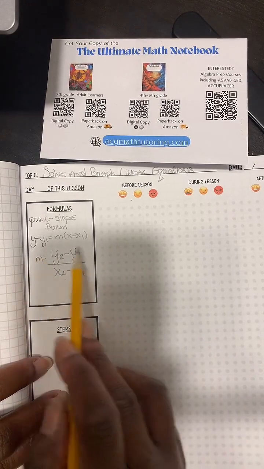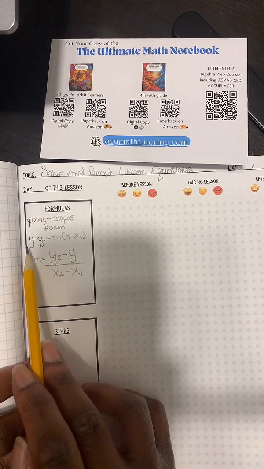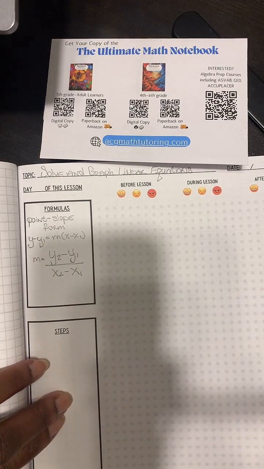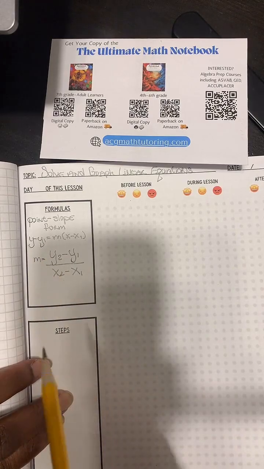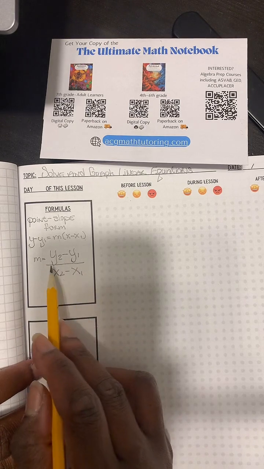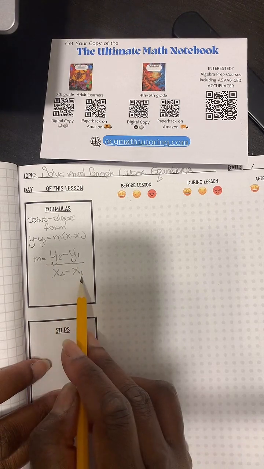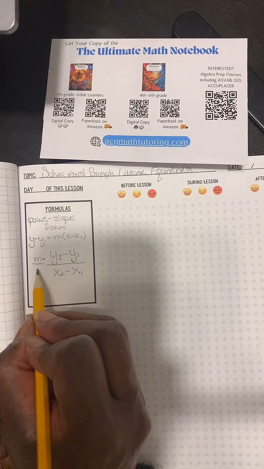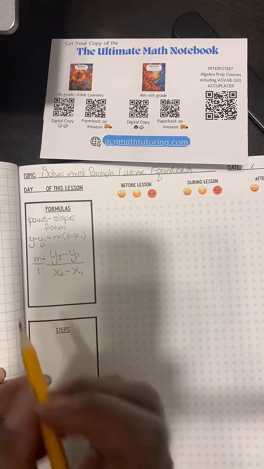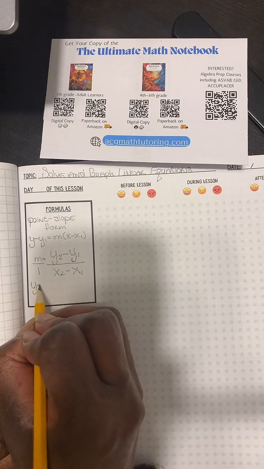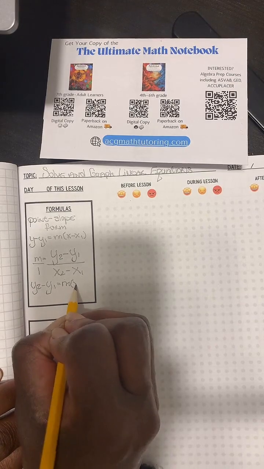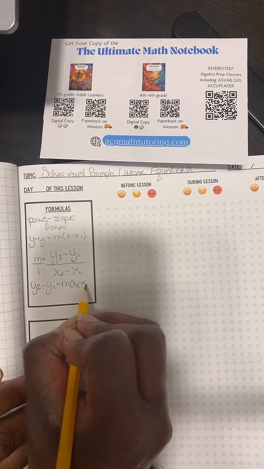Now, point slope, you're probably saying, okay, this looks kind of interesting: y minus y1 equals m times x minus x1. And you're like, okay, where are the numbers? Well, if you think about the definition of slope, y2 minus y1 over x2 minus x1 is basically the change of y's over the change of x's. If I make this into a proportion and cross multiply, I get y2 minus y1 equals m times x2 minus x1.